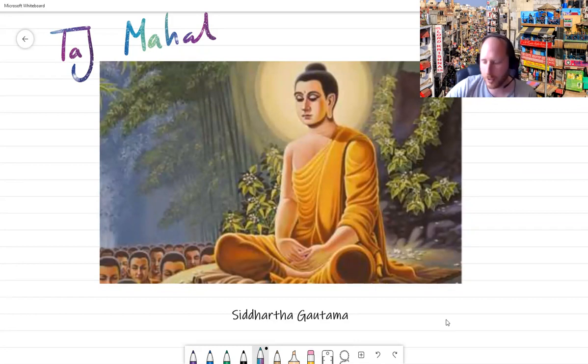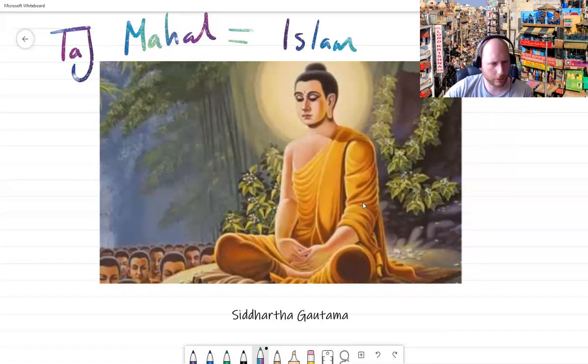And the religion is Islam. Now, this is going to get confusing because I've just written it there. Islam goes with the Taj Mahal. This guy, though, he is not a Muslim. He is the first Buddhist. In fact, he is the Buddha. His real name, Siddhartha Gautama, he was a prince who grew up in luxury.